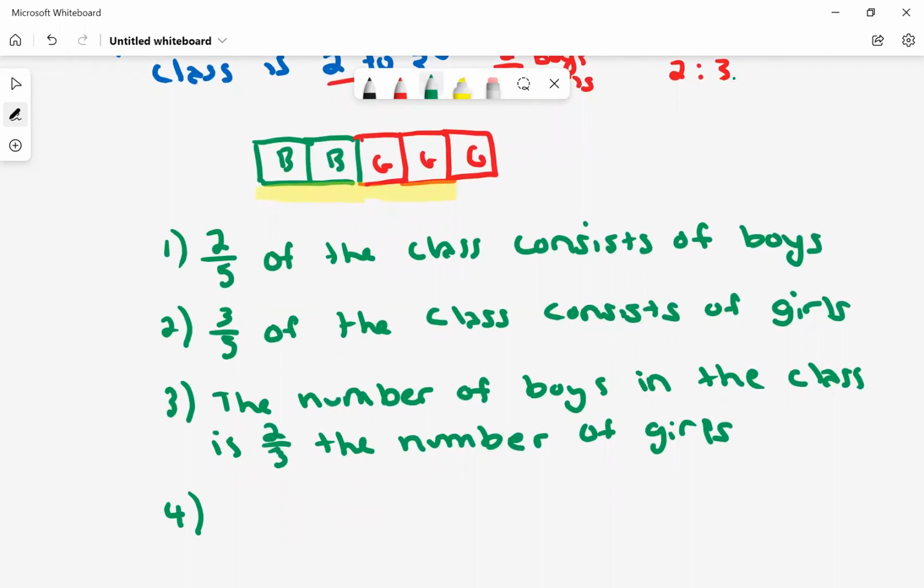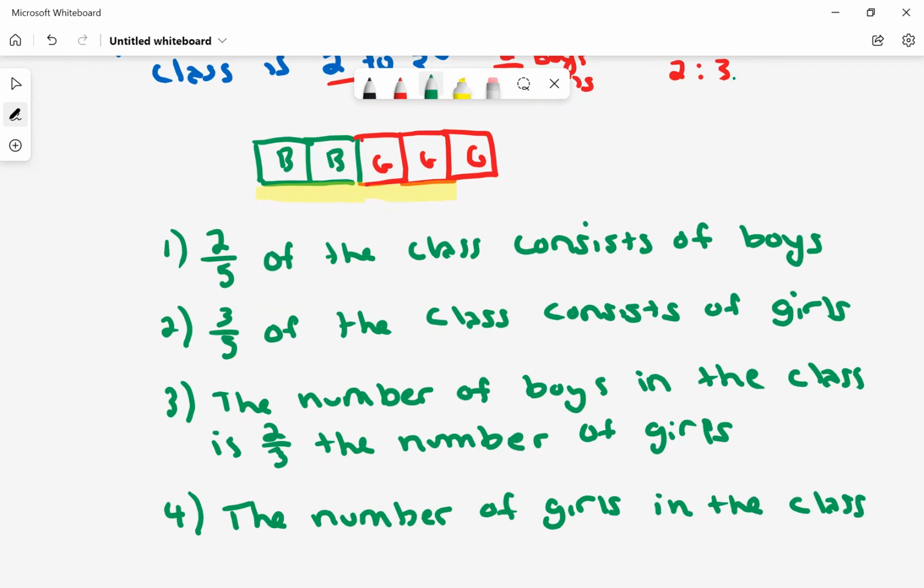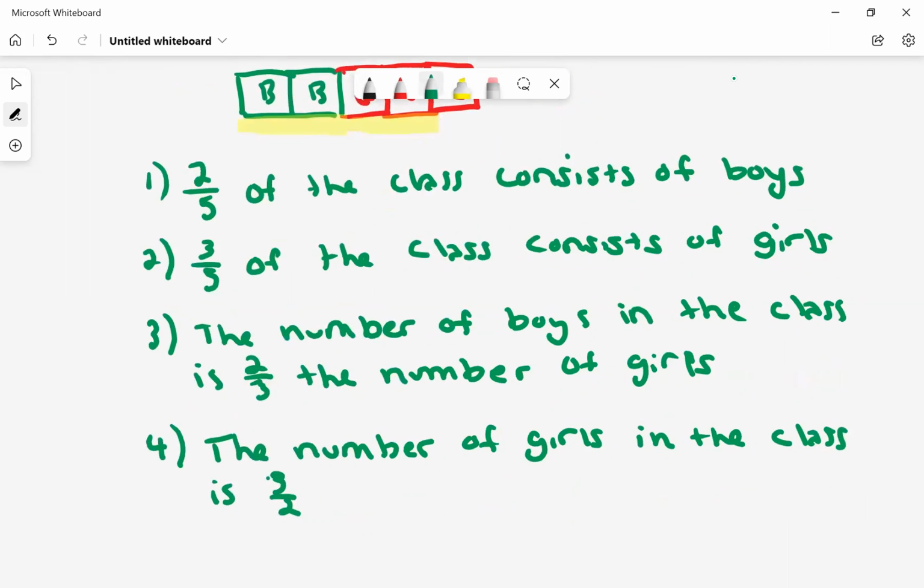So the number of girls in the class is 3/2 or 1.5 the number of boys. So it's literally the reciprocal of the ratio comparison when we do it for girls.